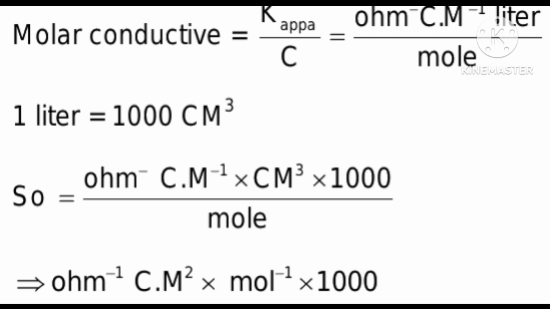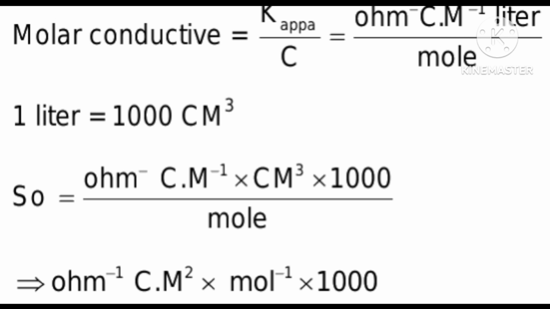In that situation it is called limiting molar conductivity. In the beginning it was increasing, after that it increased less, and after that it became constant. Even if you add more water, it is not increasing. That's why this is a limitation, and that's why it is called limiting molar conductivity.